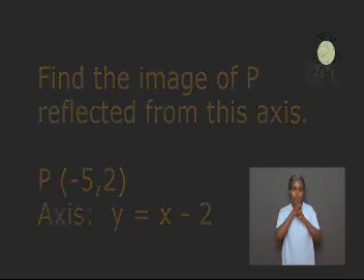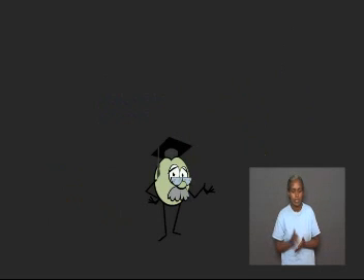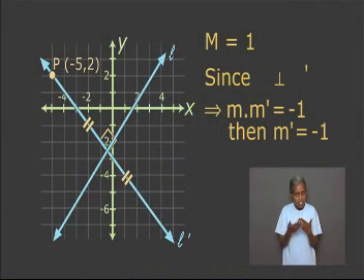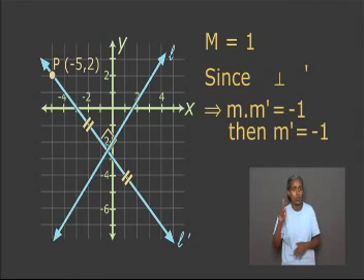Time's up! Let's get back to our lesson. Hello, students. How did you manage? Let us check our answers together. First, it is simple to calculate that the slope of the axis of reflection is 1.